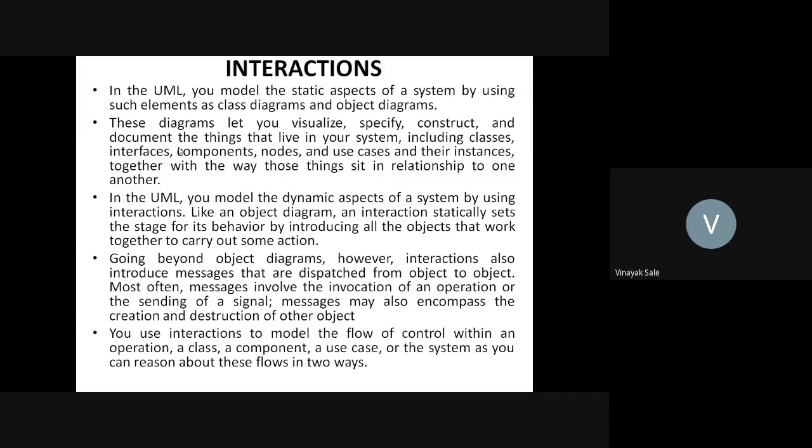In the UML, you model the dynamic aspects of a system by setting up interactions, like an object diagram. An interaction statically sets the stage for the behavior by introducing all the objects that work together to carry out some action.